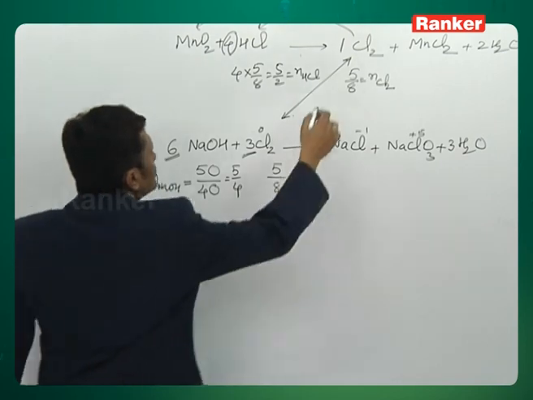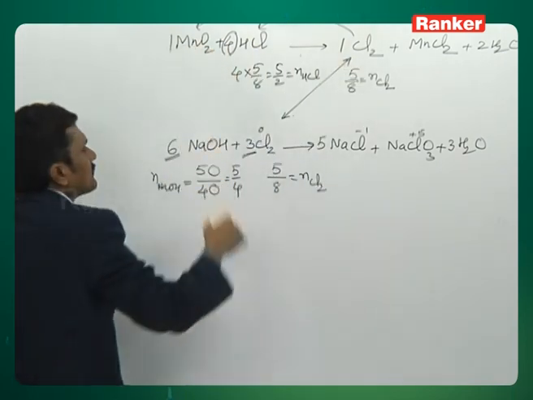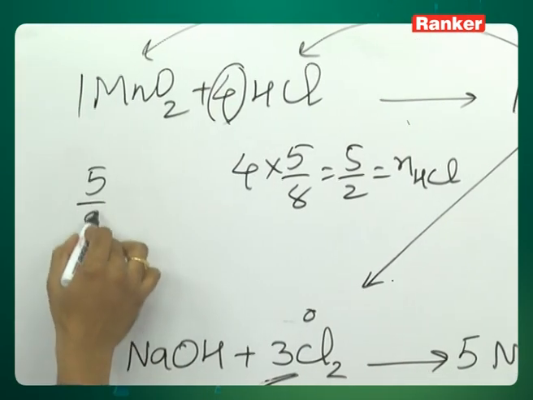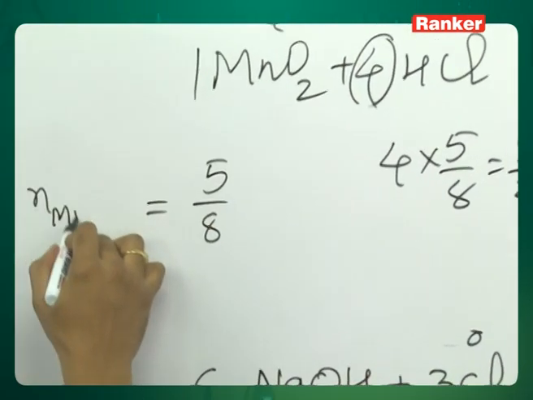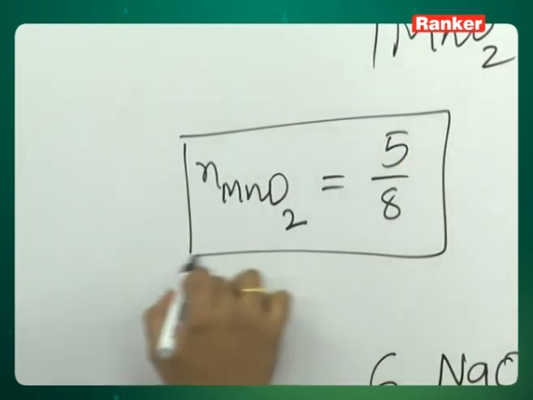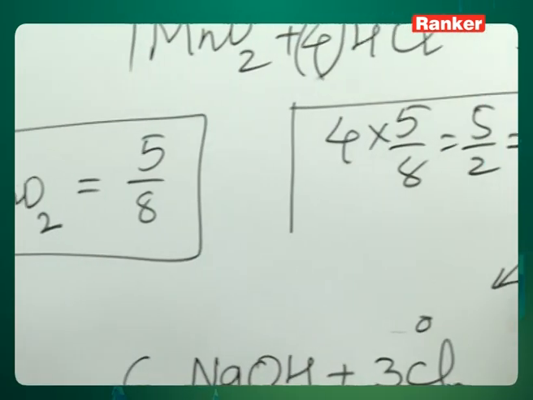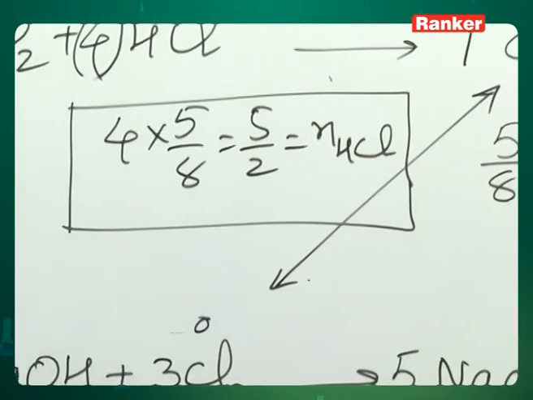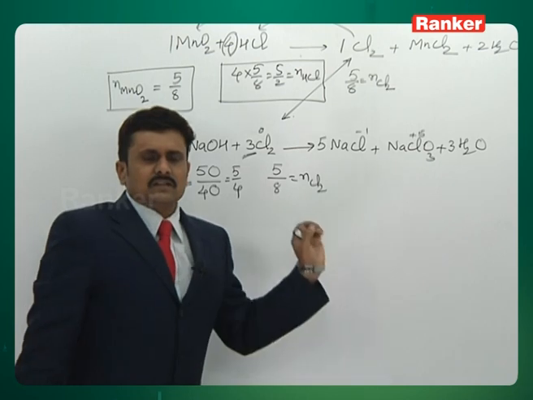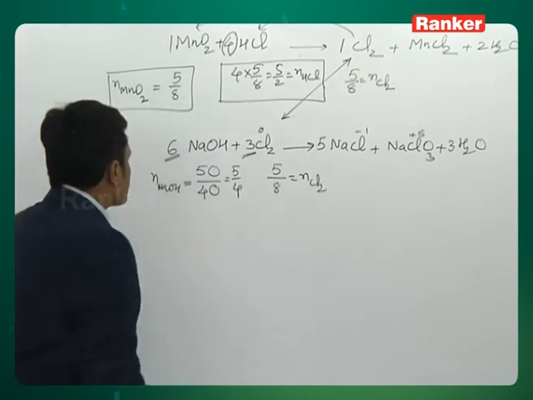And you can see one more thing, for every 1 mole of Cl2, 1 mole of MnO2 is involved. For every 5/8, the same would be involved for MnO2. Now you see you have got certain information regarding this, right? You got the number of moles of HCl as well as MnO2. Now you check into your question. You can see there the weight of MnO2 is asked. It's very simple enough.